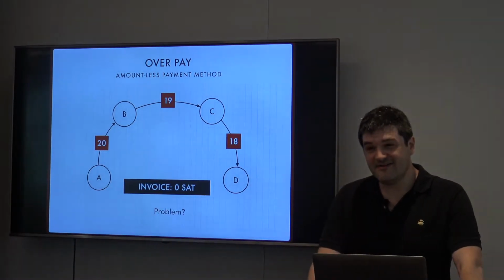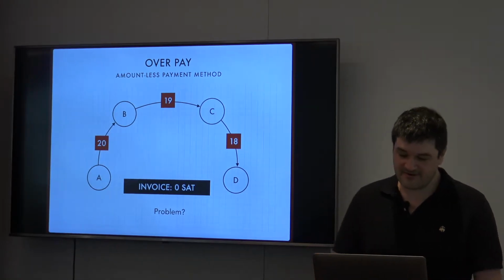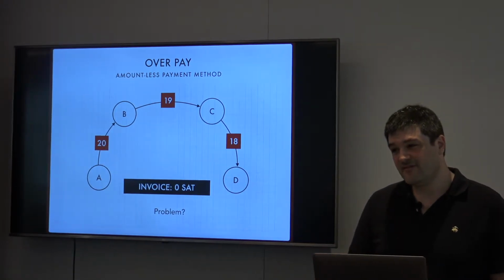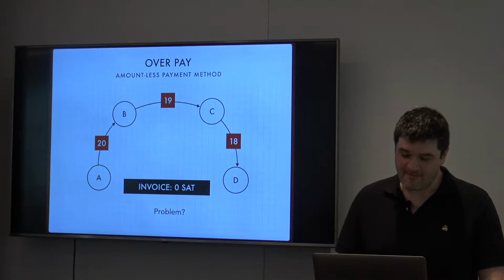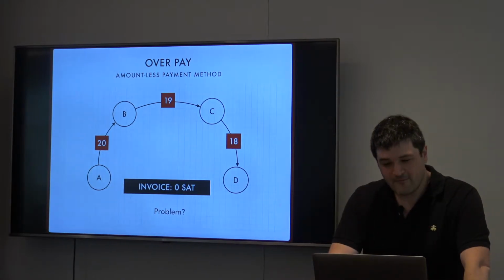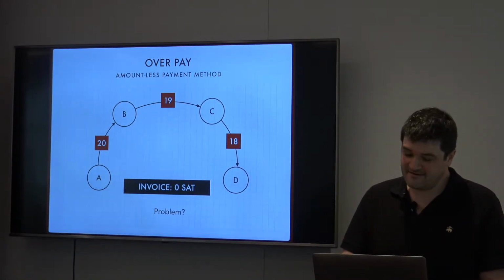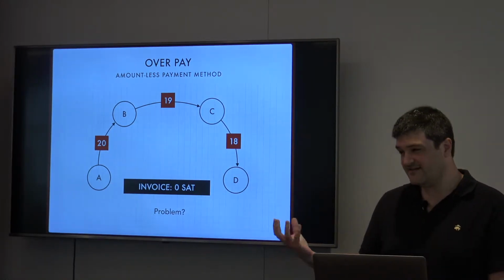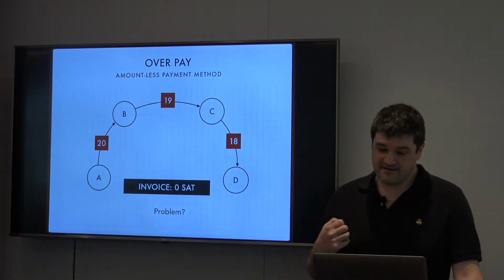Okay, this is another interesting scenario. Let's talk about how tipping sites work, and what exactly is happening. Let's say I get an invoice for 0 satoshis, and D has generated this invoice for 0 satoshis, and we see this in the wild today.